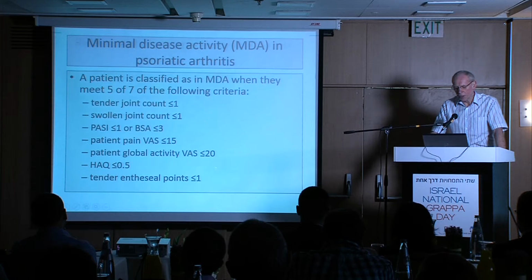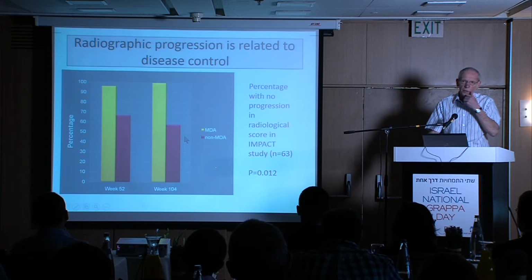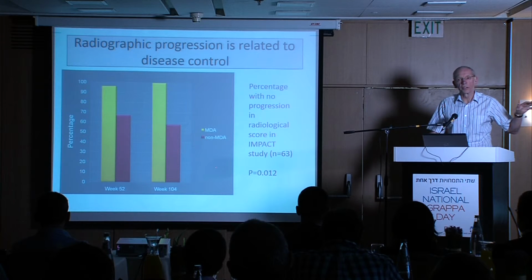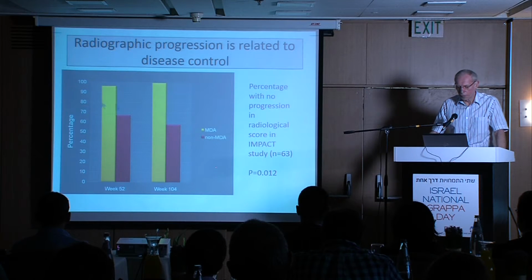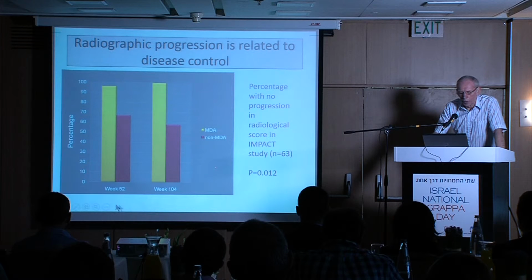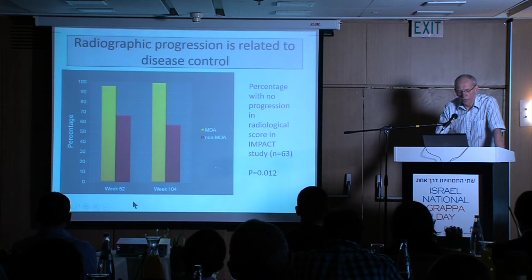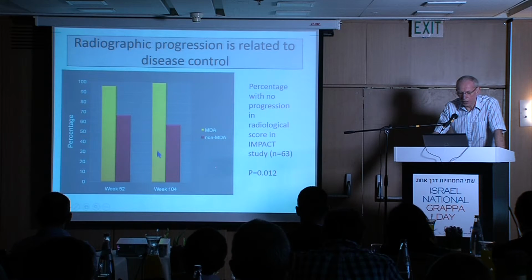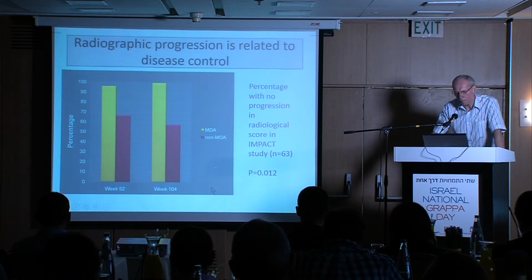And we've done validation work that's shown that if you achieve minimal disease activity, you get less radiological progression going forward. And this is from the IMPACT study, where we did retrospective analysis of those in minimal disease activity. And you can see that those in minimal disease activity, the yellow bars, had less progression over a 1 and 2 year period.